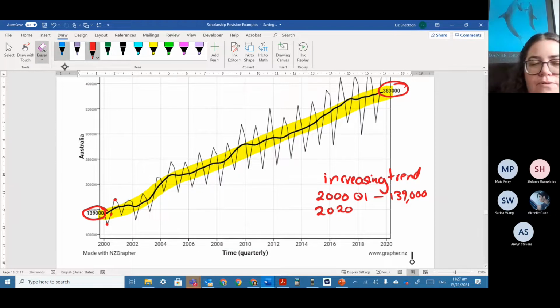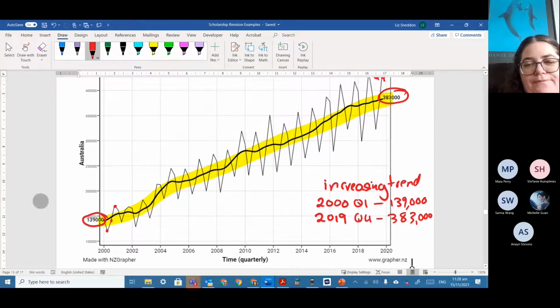So I'm going to delete that. It's 2019 Q4. The average number of visitors got up to 383,000. So these are visitors coming from Australia. So over the last 20 years, the number of visitors coming over from Australia has increased quite a lot, 139,000 up to 383,000. Okay, so that's our overall trend, what we want to say about that.